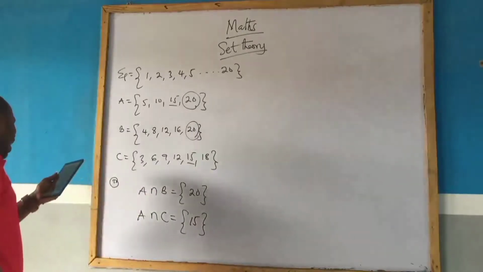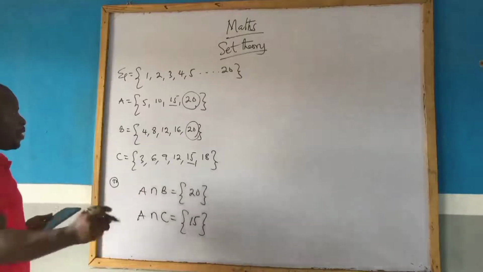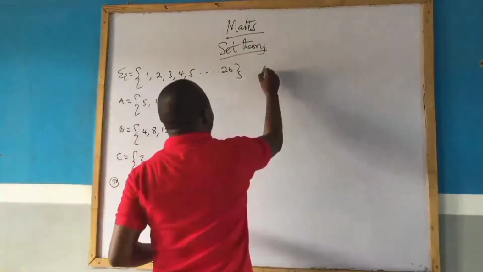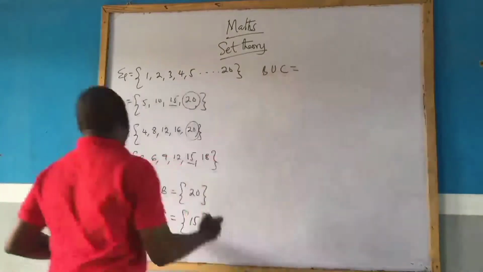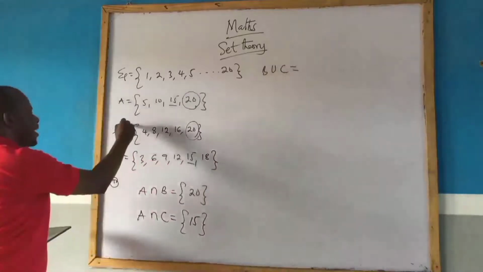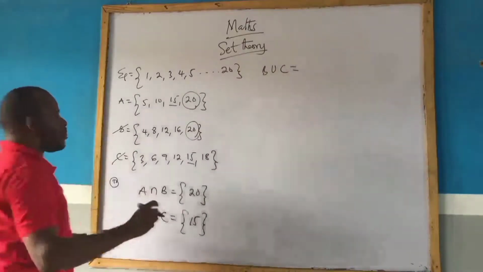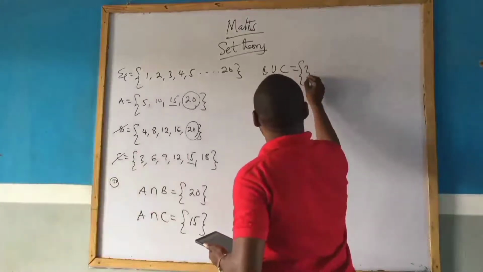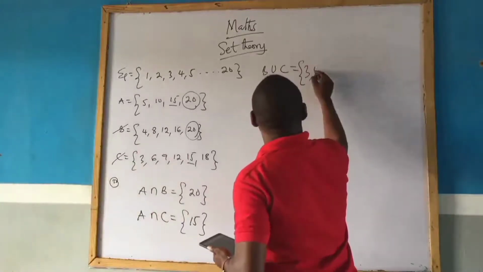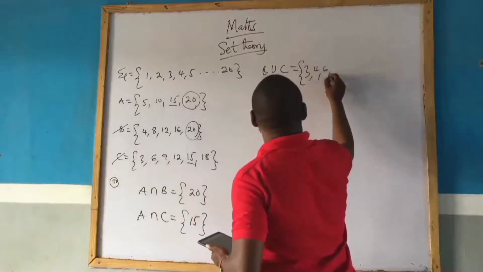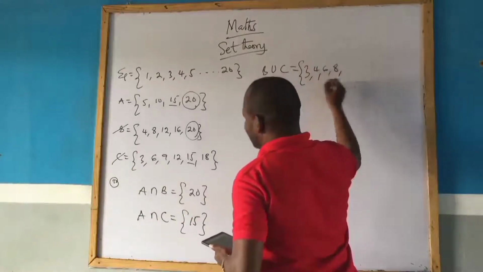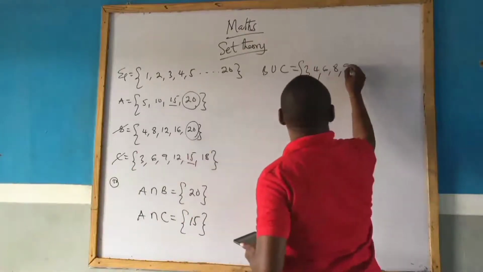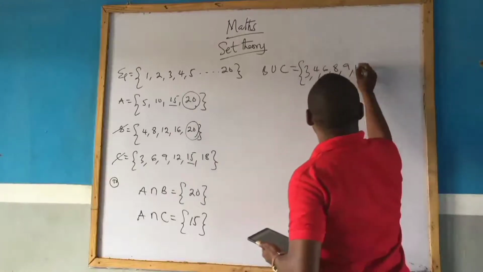Then the last question says, find B union C. B union C means put together the elements in B and C and don't repeat any. So you're going to have B union C to be 3, 4, 6, 8, 9, 12.